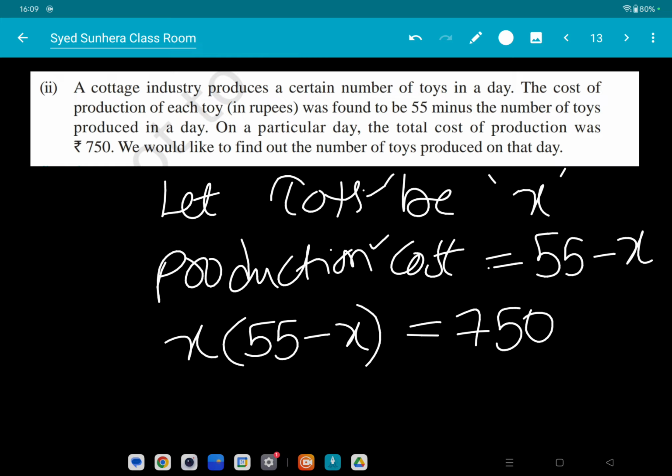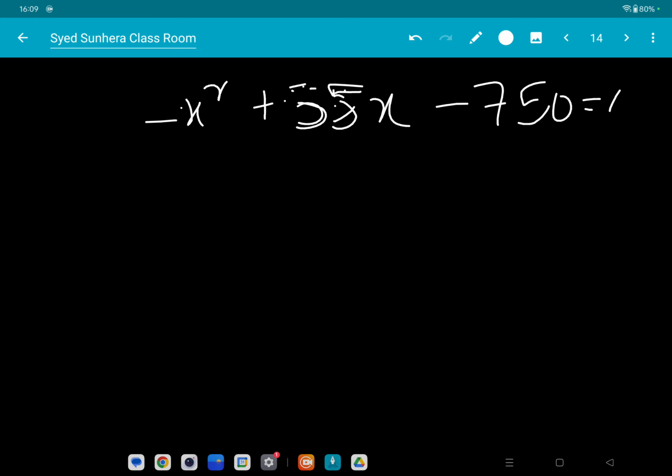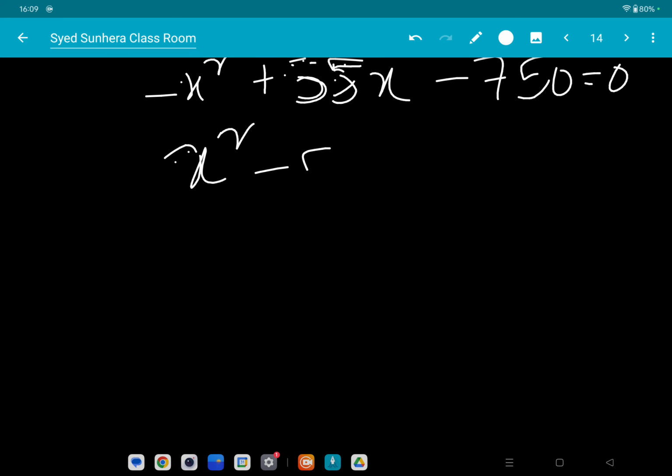So x into 55, 55x minus x square is equal to 750, which means I can write it as minus x square plus 55x minus 750 is equal to 0. If I multiply with minus, I will get x square minus 55x plus 750 is equal to 0. So this is the equation we got from solving the above problem.